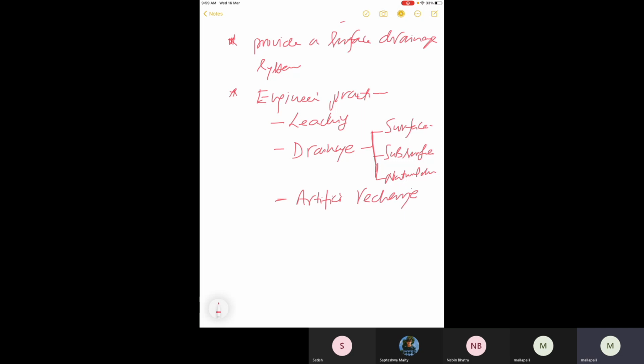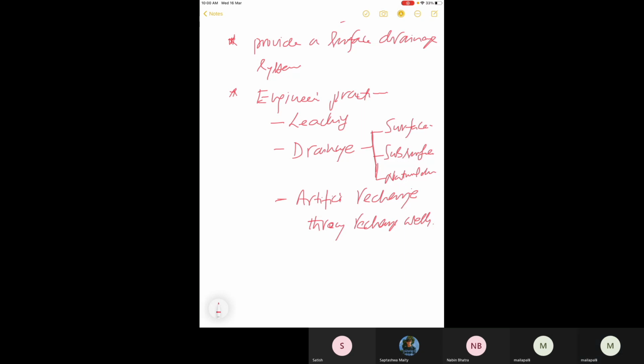Okay, so artificial recharge in the sense that you can apply water on the top to vertical wells or recharge wells, so using recharge wells, so that the salts can be leached to the groundwater.